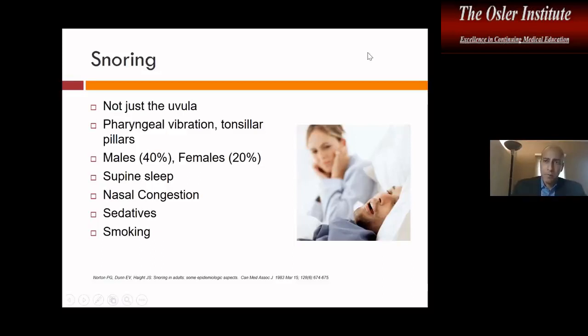So my point is, when you see the patient in your clinic and you're doing a good oropharyngeal exam, I encourage you not just to focus on the uvula, but follow that uvula up, look at the redundancy of the soft palate, look at the tonsillar pillars, look at those areas to see if there's other things that may predispose them to snoring.